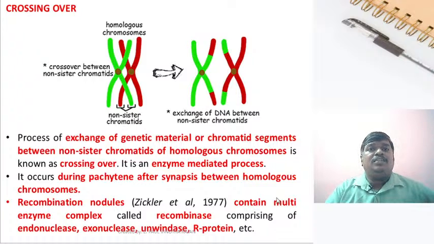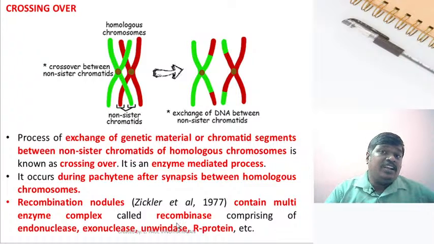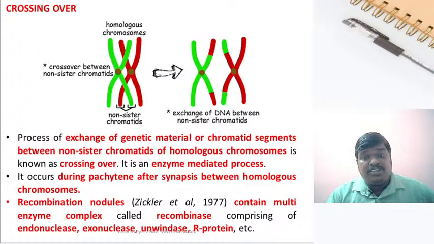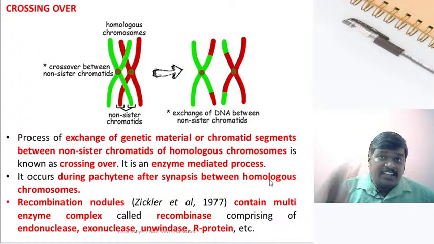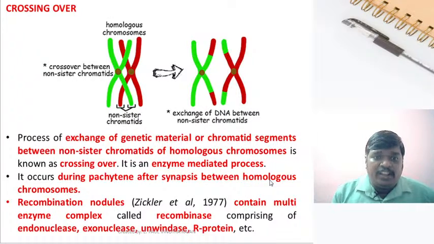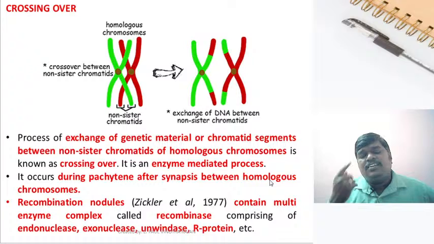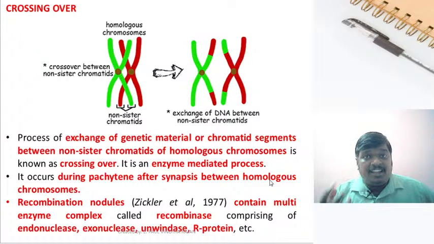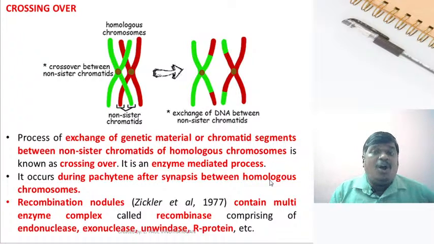They are called recombinase enzymes, which include exonucleases, endonucleases, unwindase, and other proteins. These are the enzymes involved in exchanging segments between the non-sister chromatids.